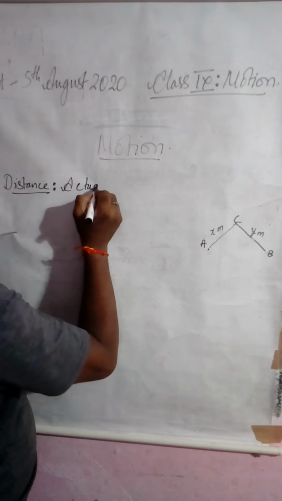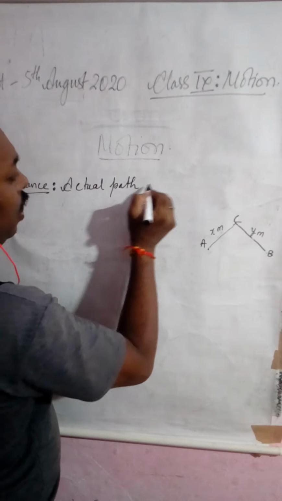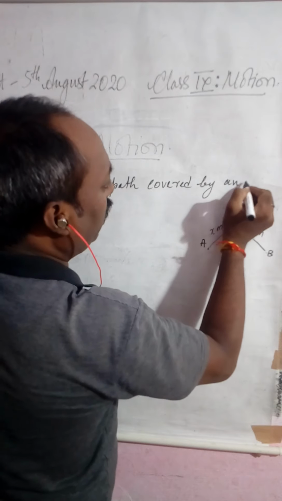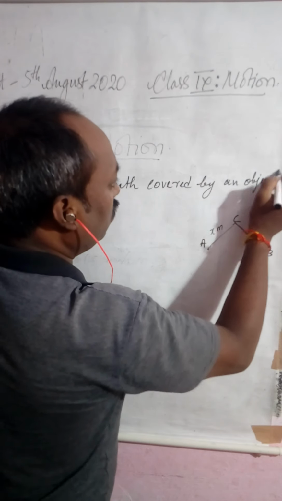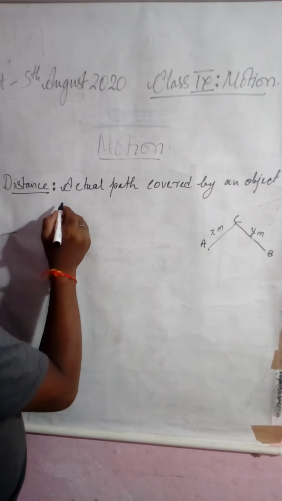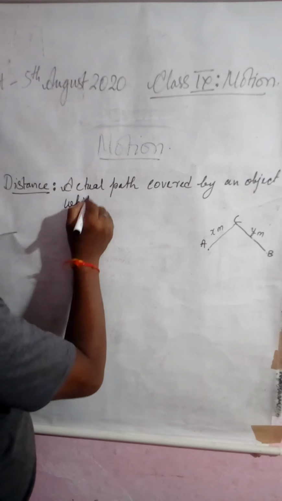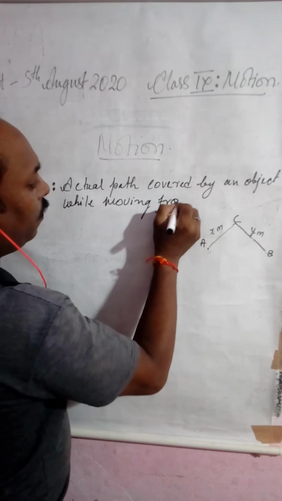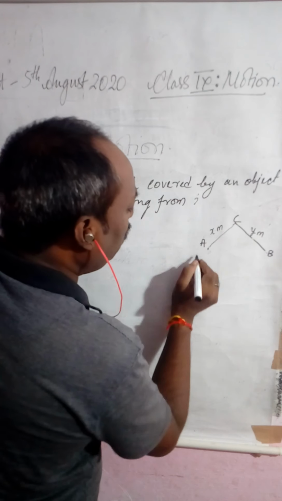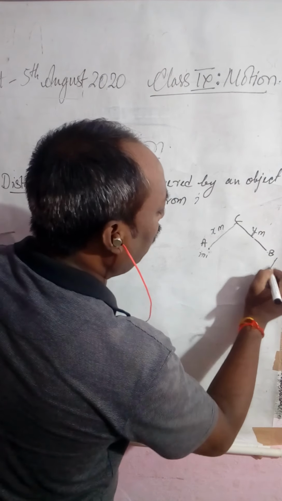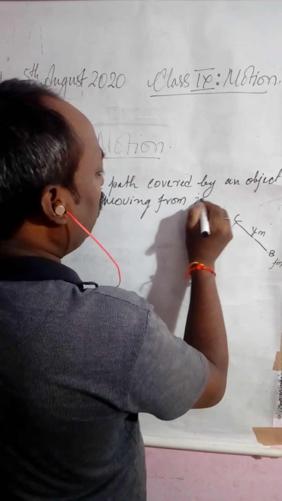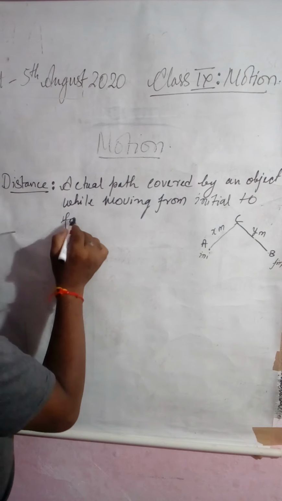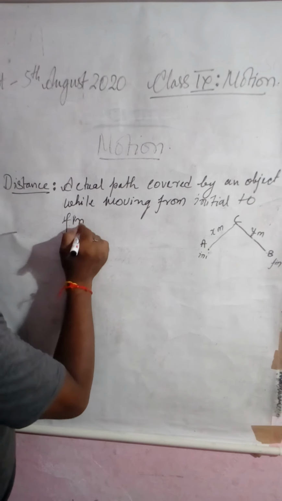So distance is the actual path covered by an object while moving from the initial position to the final position.